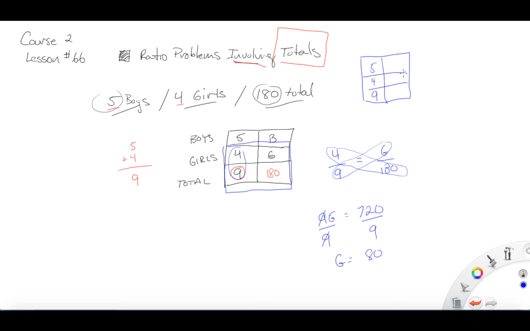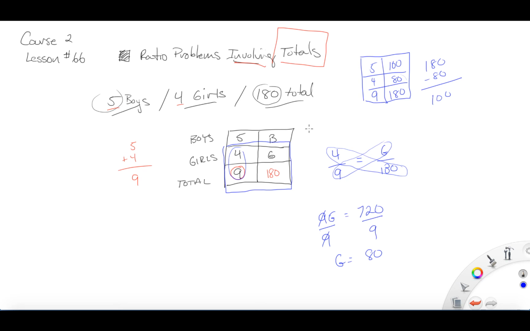We know the total is 9. We just found out that girls are 80, and watch this. If we've got these two numbers, 180 total minus 80 will give us boys. So we know that boys are going to be more than girls, and it's the same fraction as 5/4.